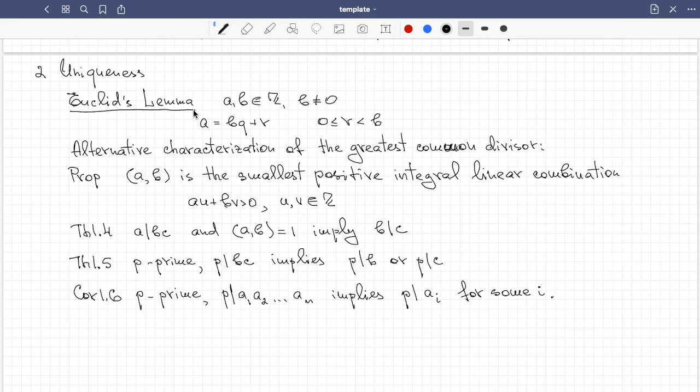In fact, this is more or less a paraphrase of the proof given by Euclid more than 2,500 years ago.